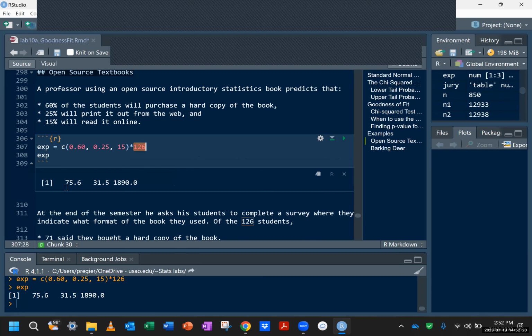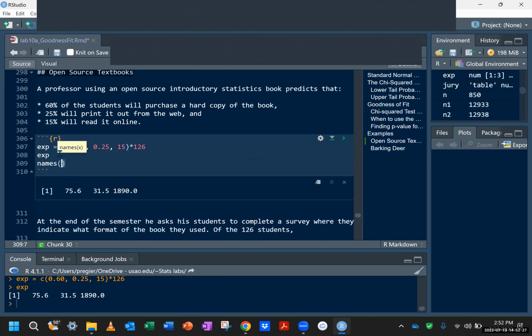60% of 126 is 75.6 students purchasing hard copies. And I'll make this clear. I can say names of expect, and I can say text, print, online, I should say. This just makes my life easier.